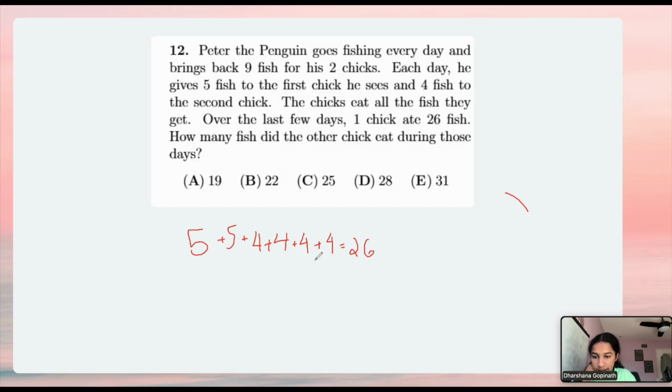So one chick ate 5 fish twice and 4 fish 4 times. So that means the other chick ate 5 fish 4 times and 4 fish twice. And so that means the other chick ate 28 fish. So the answer is option D, 28.